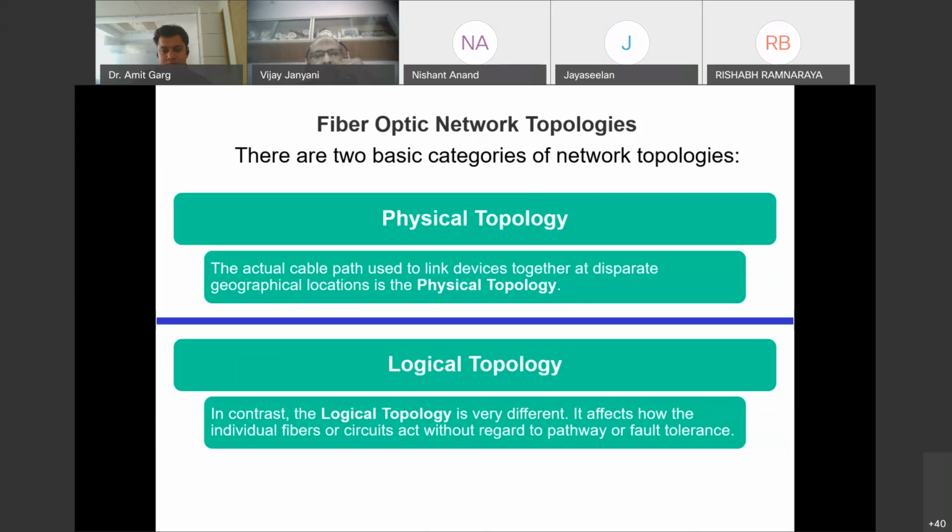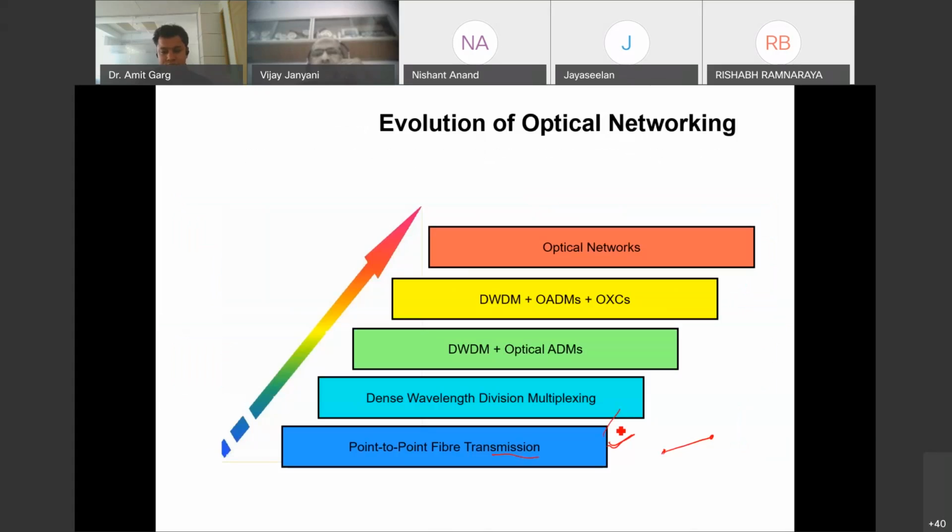Then there was dense wavelength division multiplexing, DWDM, combined with optical add drop multiplexers. You call them OADMs, that is optical add drop multiplexers, and reconfigurable ROADMs are also available nowadays.